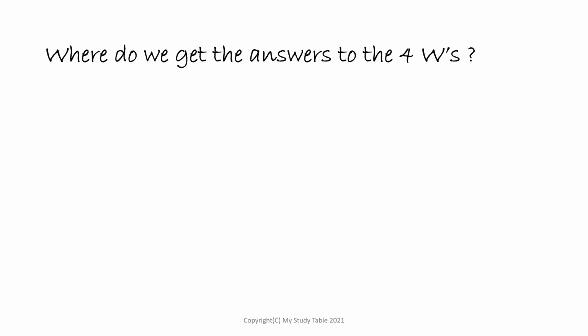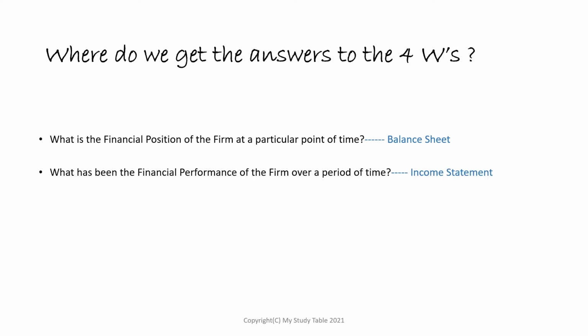Now, where do we get the answers to these 4 questions? The answers or the source of information for answering the questions, the first one, what is the financial position of the firm at a particular point of time, can be taken or inferred from the balance sheet. What has been the financial performance of a firm over a period of time can be inferred from the income statement.